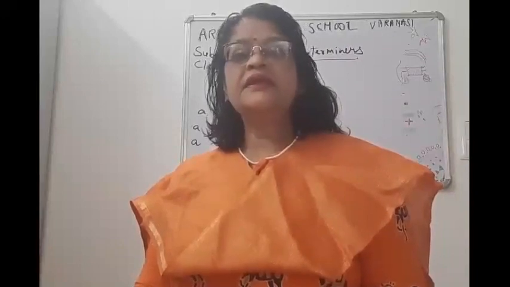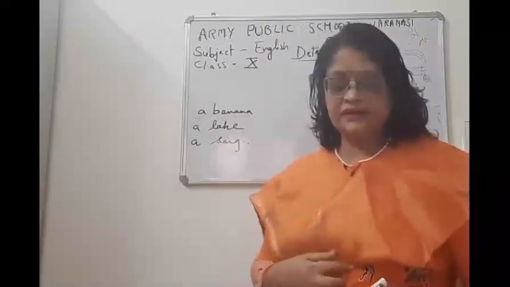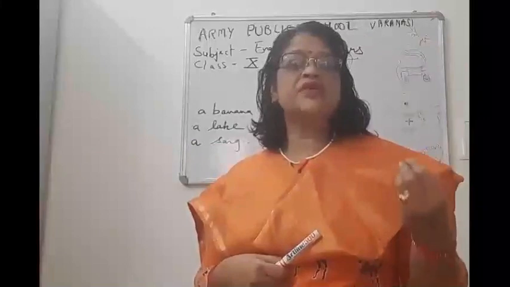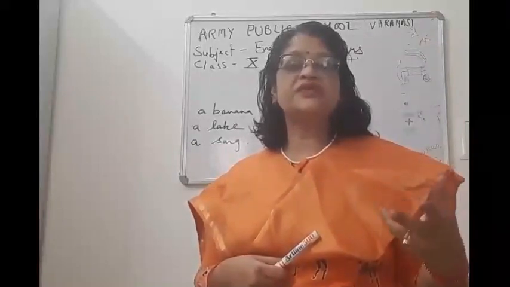Okay, and then children, there are many words which start with a vowel letter, but the pronunciation is a consonant sound. So here we can say, a word beginning with a vowel letter but having a consonant sound, then we use a here. Children, I think you know that with a vowel sound we put an, and with a consonant sound we use a.